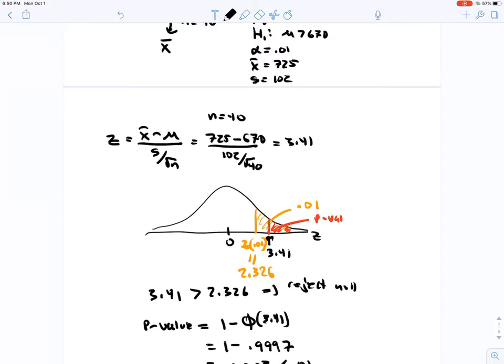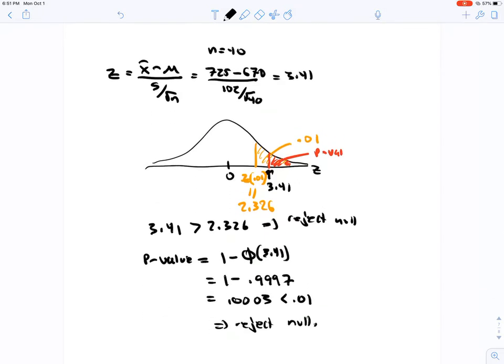So our rejection region is greater than 2.326, so we would reject. Or you can find the p-value. I should have written here, this is the CDF. So the p-value indeed is less than alpha 0.01, so we reject the null.